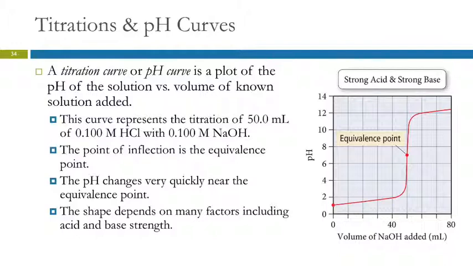So we can look at graphs of the pH of the solution as we're adding sodium hydroxide in the titration. And this is called a titration curve or a pH curve. It's a plot of pH versus volume of titrant added. So in this pH curve, we have a strong acid being titrated with a strong base. When the volume of sodium hydroxide added has been 0, so at the beginning, this is the pH of the acid solution.